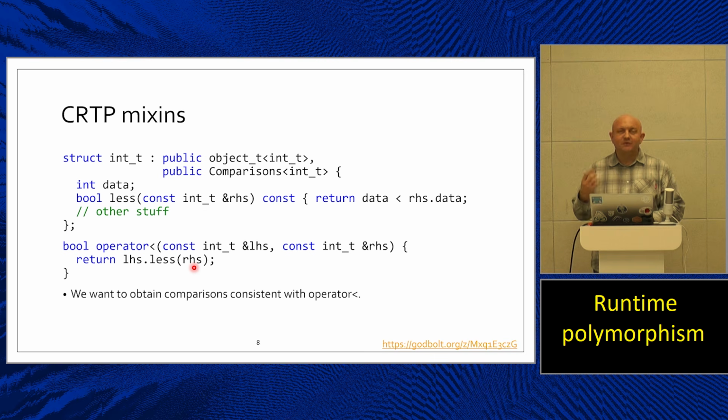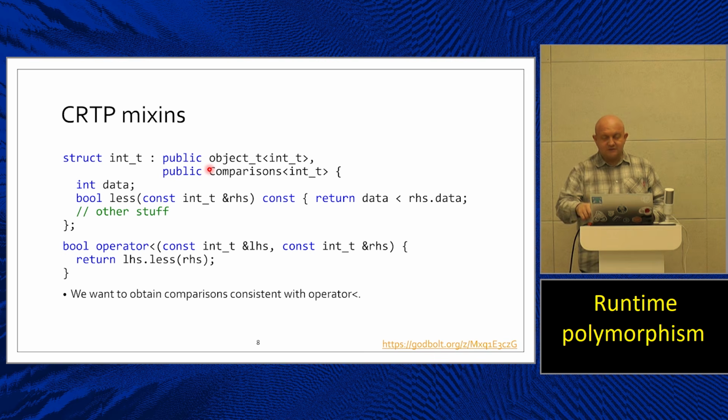Before the spaceship operator existed, this was a common technique. We define a template like comparisons of derived and just mix it into this class. And this class, comparison of derived, assumes that derived provides some minimal comparison primitive.